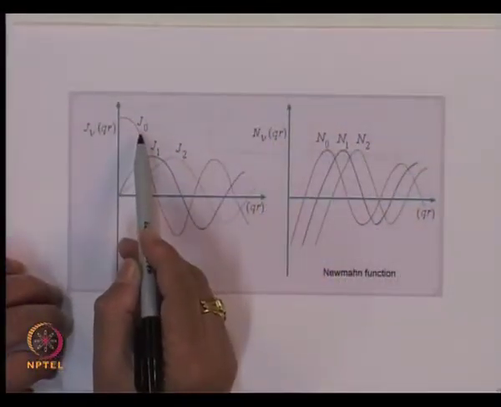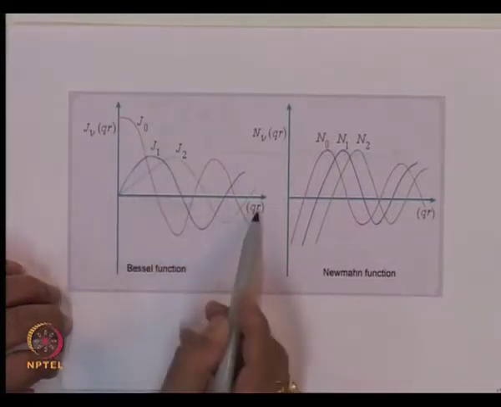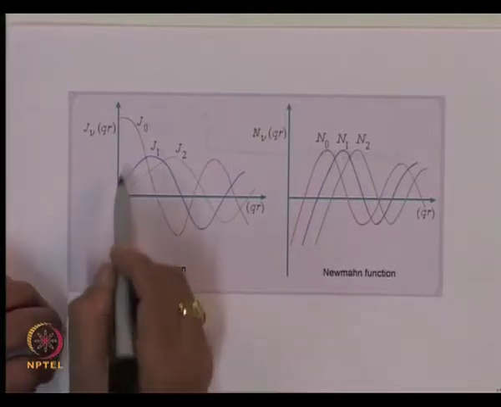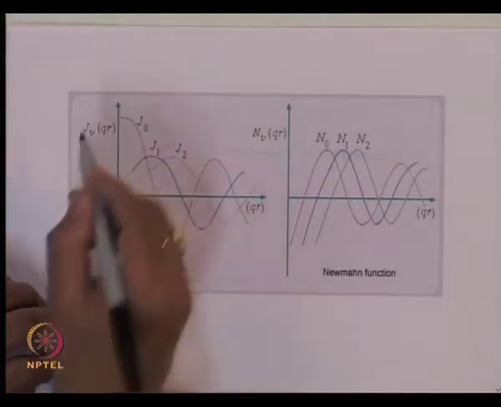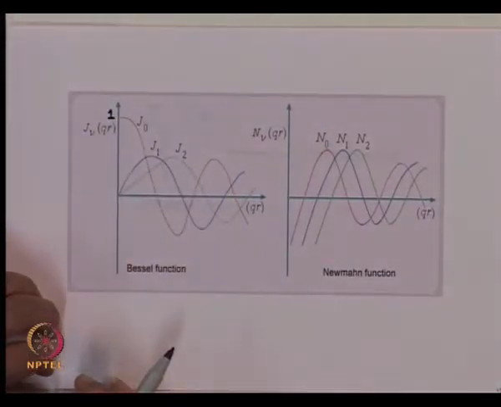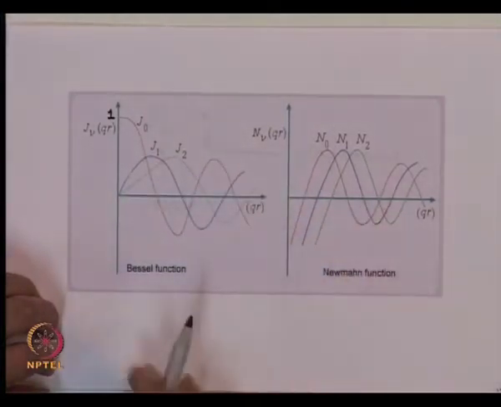So, a few things to be noted here. Firstly, except the J0 Bessel function, all other Bessel functions are 0 as the argument goes to 0. They all start from 0 here, except the J0 Bessel function, which is 1 as the argument goes to 0. And all these functions are oscillatory in nature.